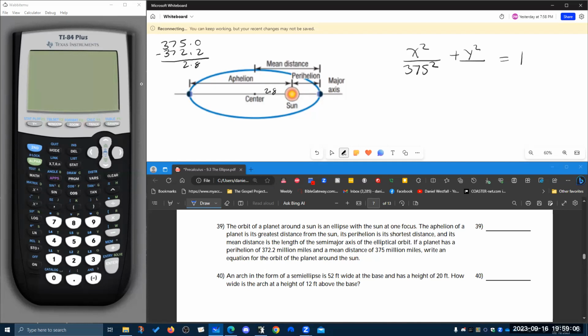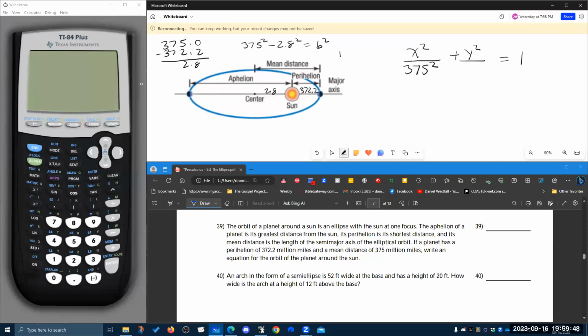This distance from the sun to the end of the major axis, we said was 372.2. So clearly this image that I have here is not to scale, but together they make the distance of 375. So then I'm going to take that 2.8 and I'm going to say that 375 squared minus 2.8 squared has to be my b squared.